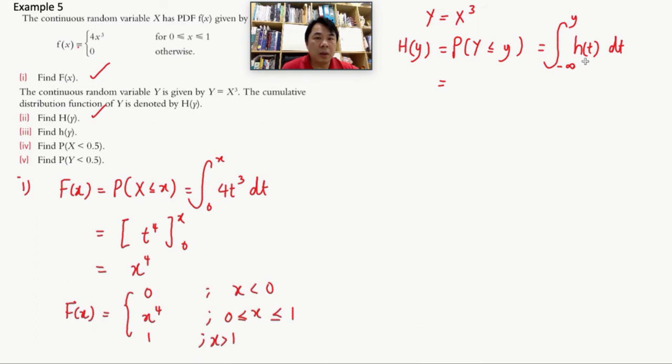But the main problem is we have no idea what the density function is that represents the continuous random variable y here. So we can't actually apply its definition.